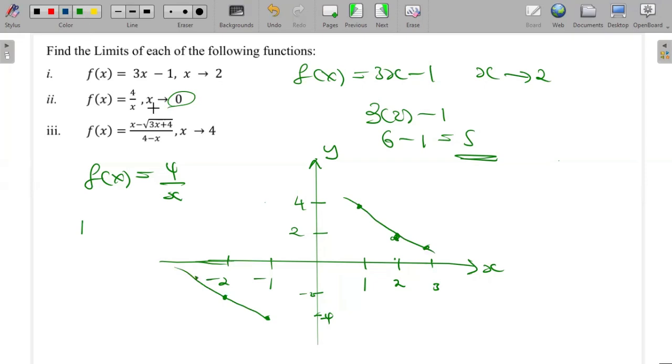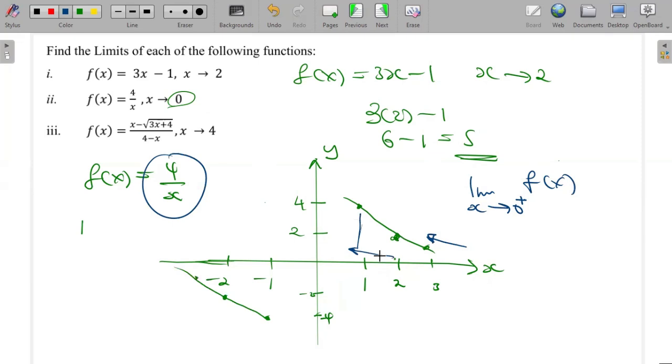Now, as you approach 0, what are we going to do? We'll take the limit as x approaches 0. First of all, start from the right side. So f of x is this same function which we've sketched. As you are going this side, approaching 0, where is this function going?